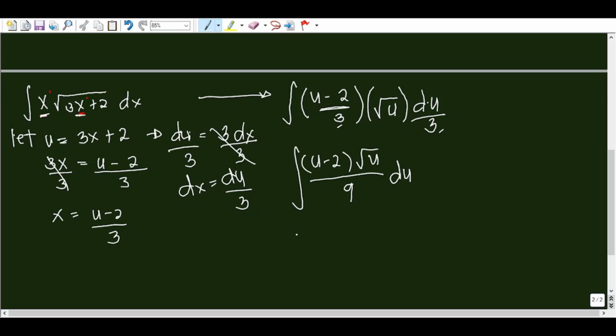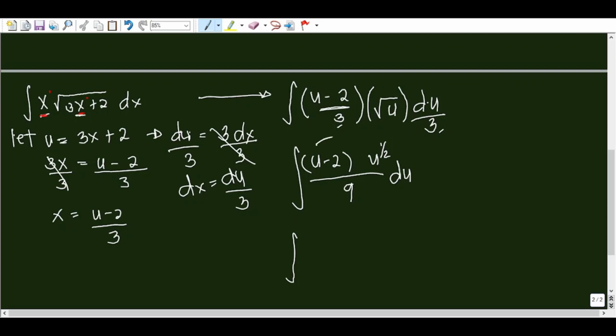Okay. Then, distribute ko siya. Magiging the integral of u times the square root of u. Para hindi tayo malito, palitan ko si square root of u ng u raised to 1/2. Diba sabi natin last meeting, yung square root, if you're going to change that to its equivalent exponential form, that is equal to 1/2.